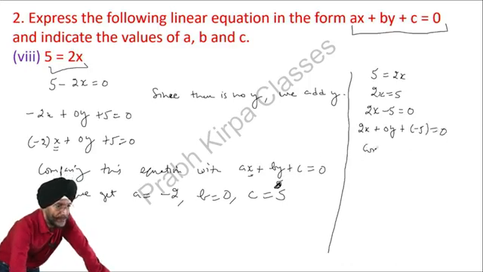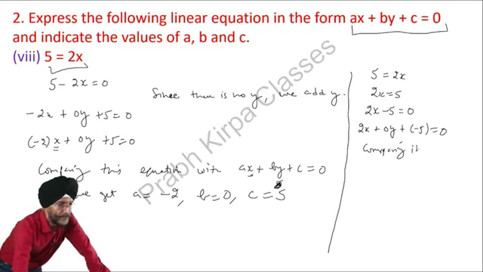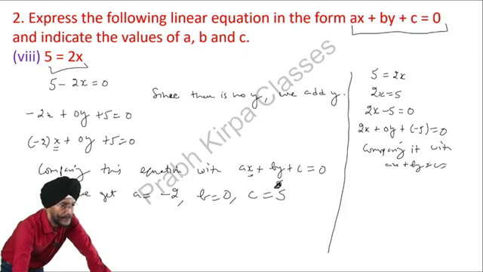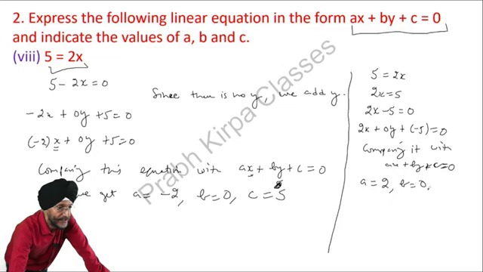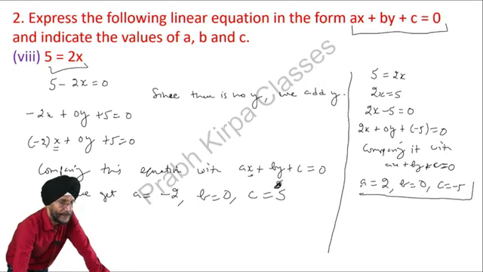Now we will compare it with ax plus by plus c is equal to 0. So now what we will get: a is equal to 2, b is equal to 0, and c is equal to minus 5. You can do this question in any manner.